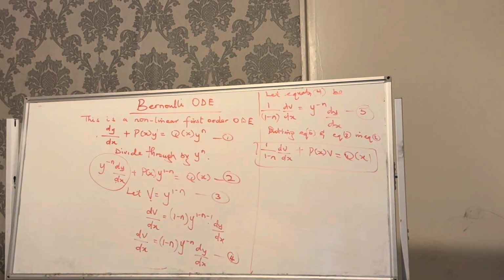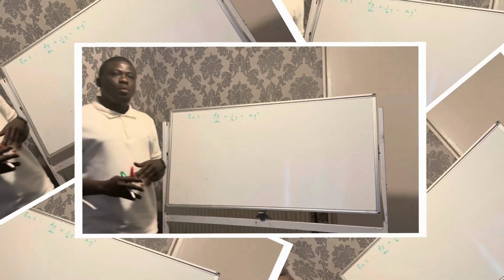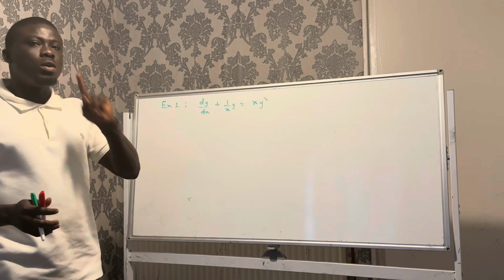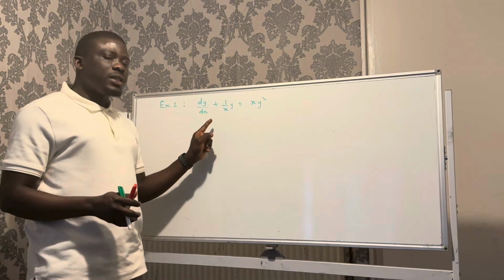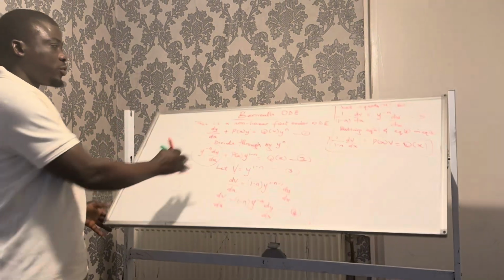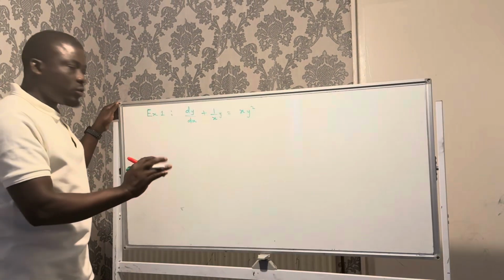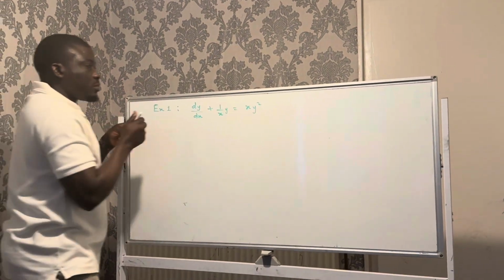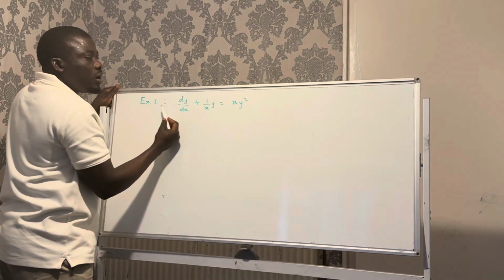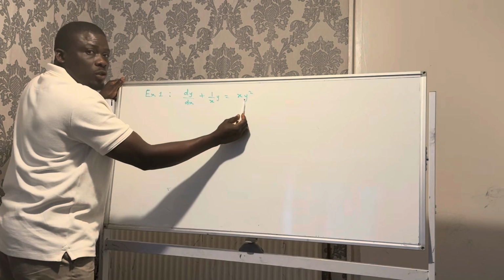Thank you. This is an example on the Bernoulli equation. So this differential equation on the board is what? It is non-linear. So how do we convert this to a linear first order differential equation? You follow the procedure here, and I will explain in detail. Now, we have this equation. The first thing we are going to do is to divide through by y squared.